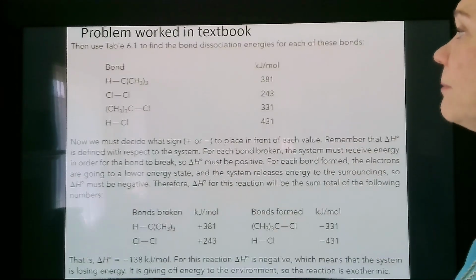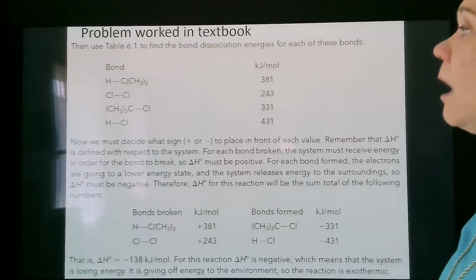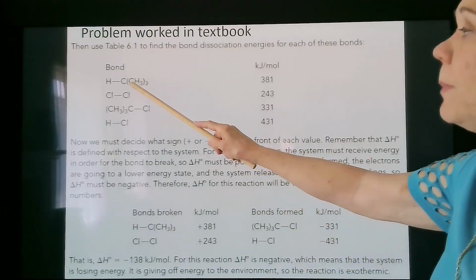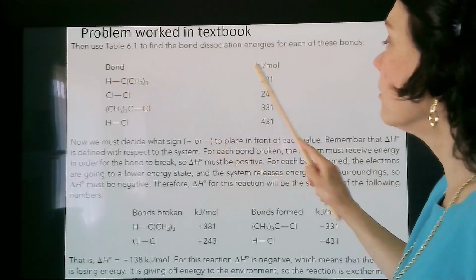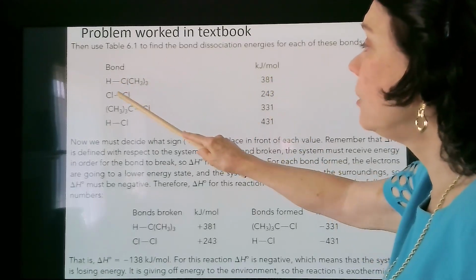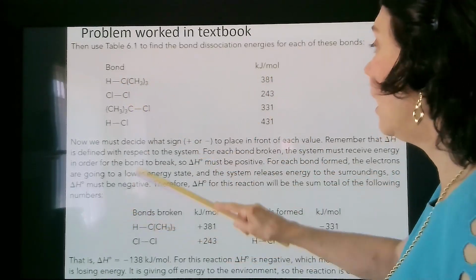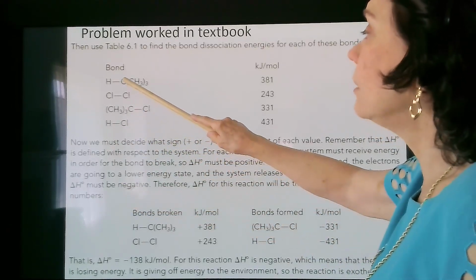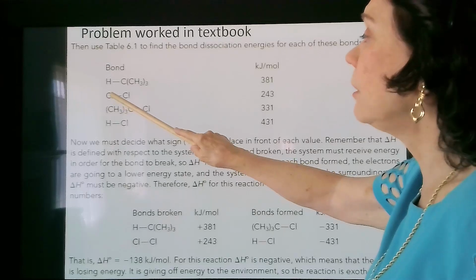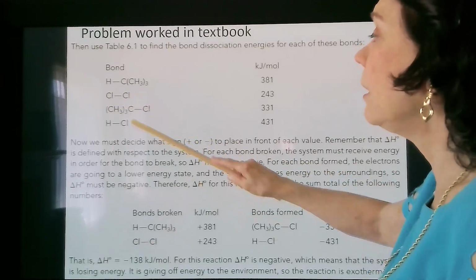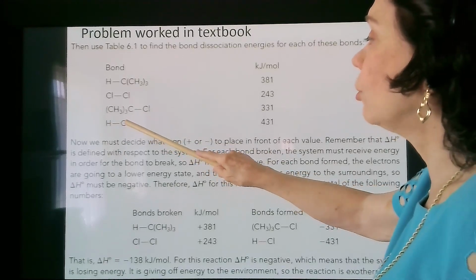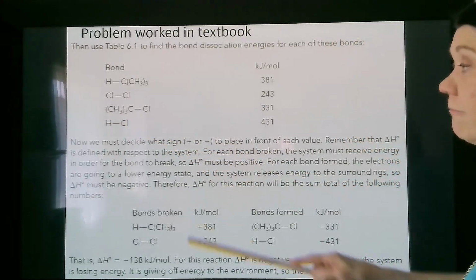Now, this is a problem that's worked in the textbook. Using table 6.1, it looked up the energy of each of the bonds in the reaction. So here, what you had was a carbon-hydrogen bond being broken, a chlorine-chlorine bond being broken, a carbon-chlorine bond being formed, and a hydrogen-chlorine bond being formed.